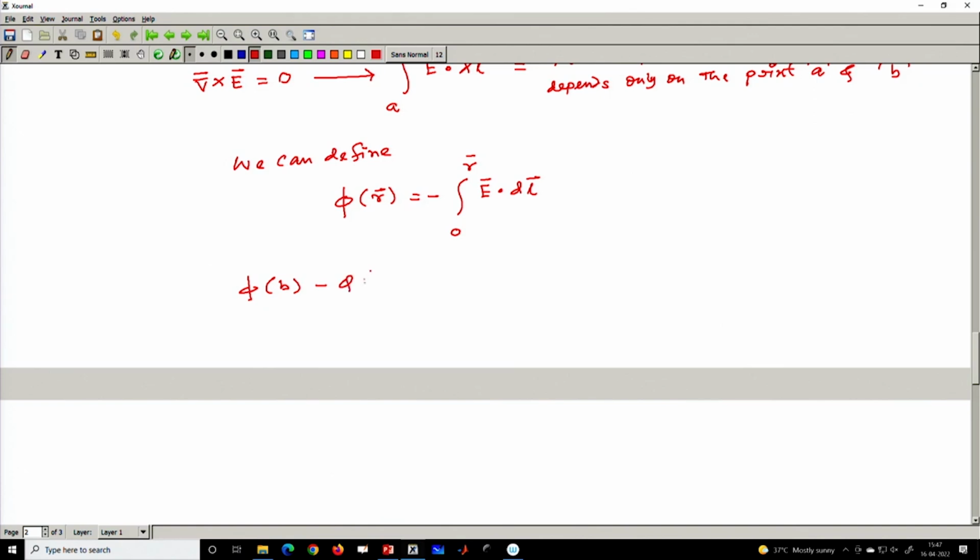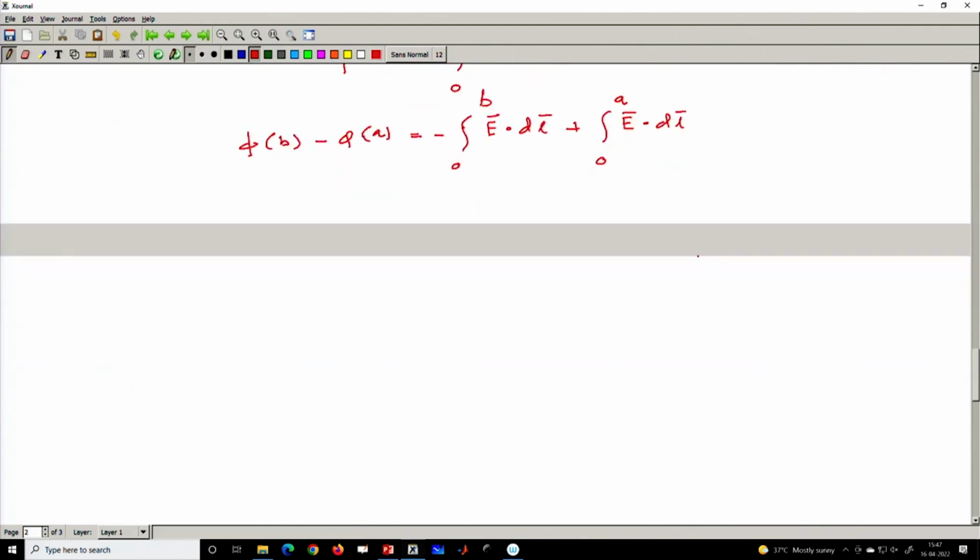By defining this, I can simply have minus 0 to b, E dot dl, and then plus 0 to a, E dot dl. This quantity we have.